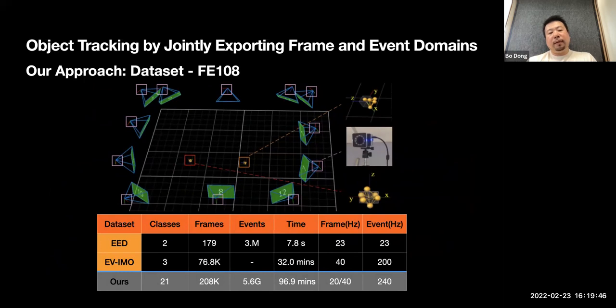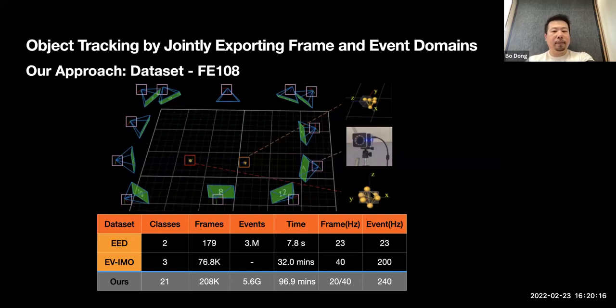We deployed 21 different toys or small objects into the Vicon system and plugged in markers. The Vicon system can then automatically track the object, which means we can automatically generate the ground truth, which is pretty neat. But the limitation is that the Vicon system can only be set up indoors, so the objects we collected are focused on indoor scenes at this moment.